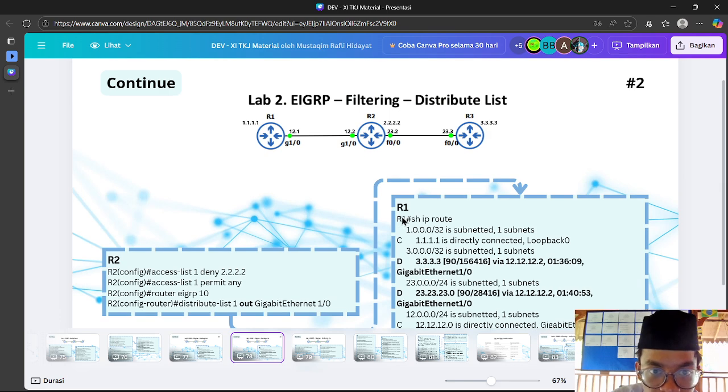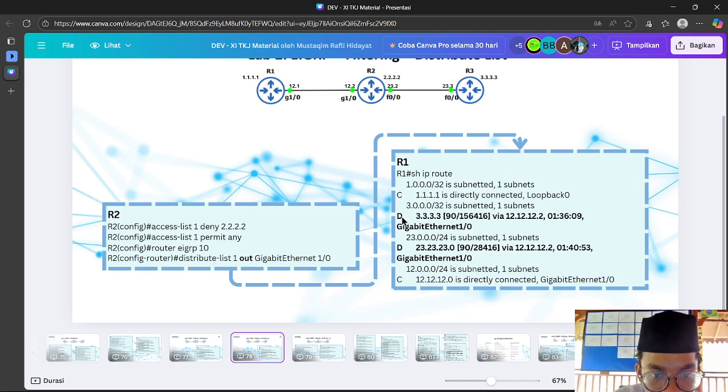And the second is EIGRP filtering with distribute list, but before it was in, and now we use distribute-list out. The configuration is the same. We just write access-list 1 deny 2.2.2.2 and then permit all networks other than 2.2.2.2. So we just block network 2.2.2.2 in router 2, and then in router EIGRP 10, the next is distribute-list 1, the name is the group name, out GigabitEthernet 1/0.